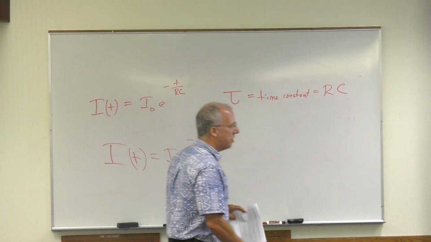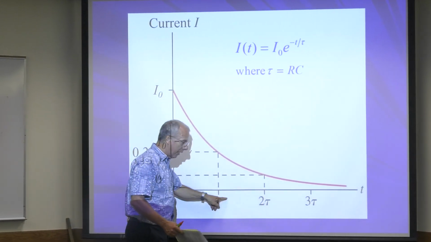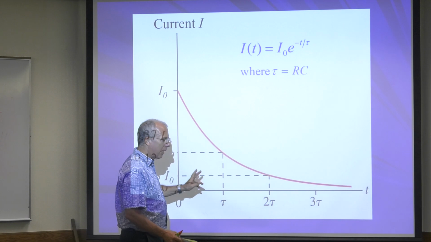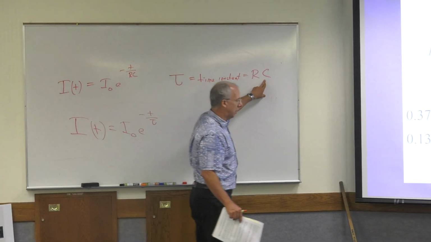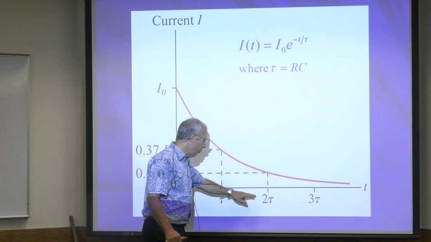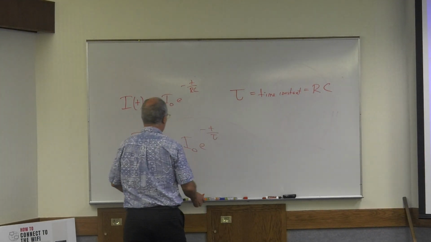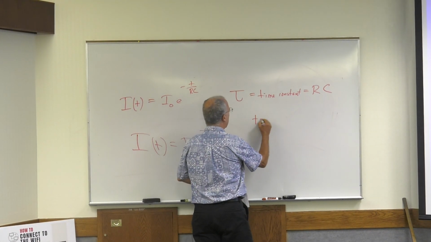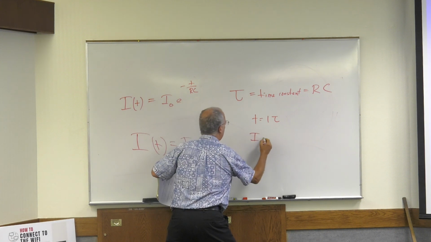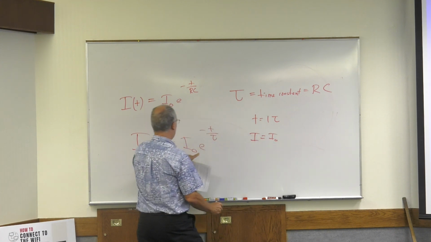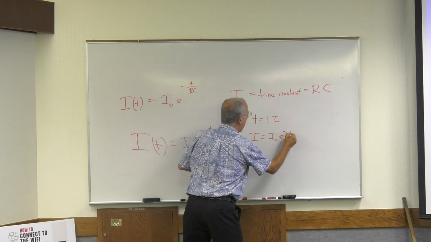Because instead of having the time axis like 1 second or 2 seconds or 3 seconds, you just put it in terms of tau. You know what the resistance is, you know what the capacitance is, so you just say like 1 tau, 2 tau, 3 tau. Why would you want to do that? Watch. So let's say that the time is 1 tau. Then you have I equals I0 times e to the minus 1.